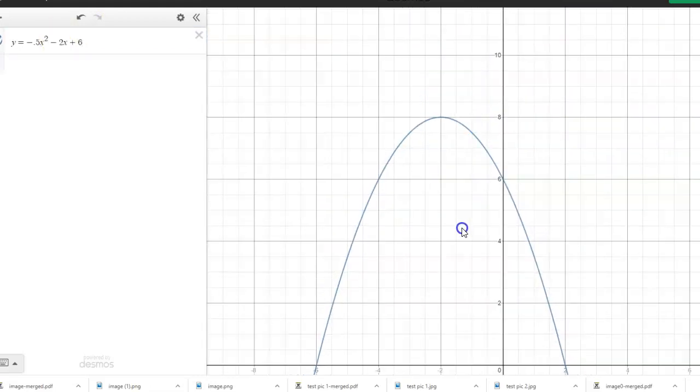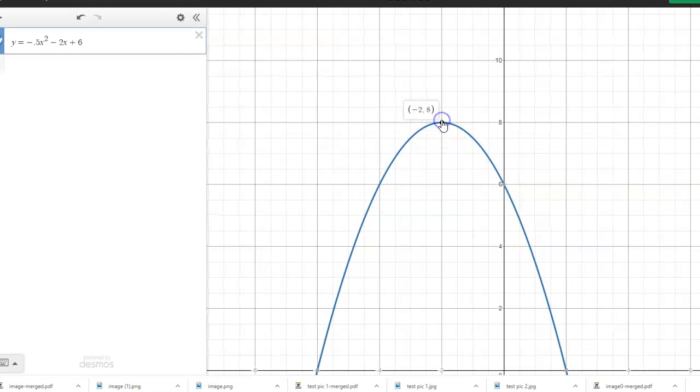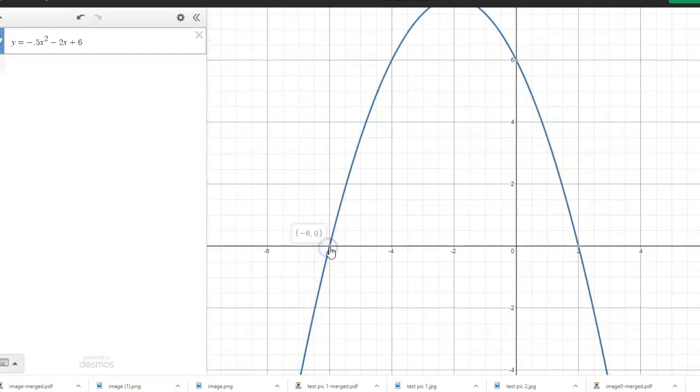And you could look on Desmos as well, and you could see the vertex is -2, 8. And you're also able to click on the zeros, which are -6 and +2.